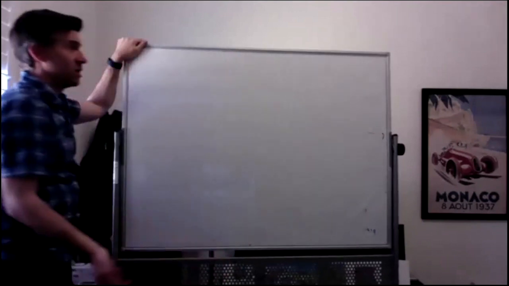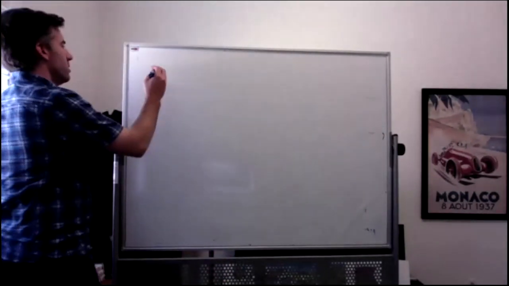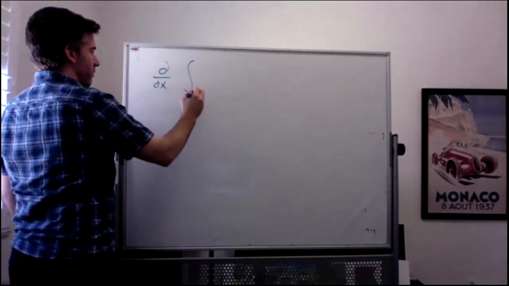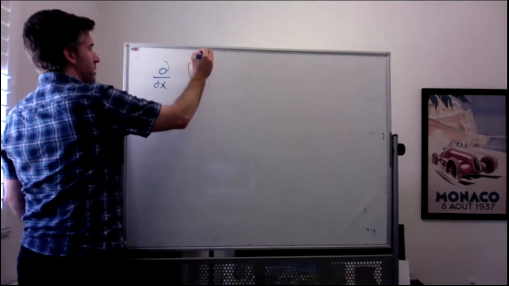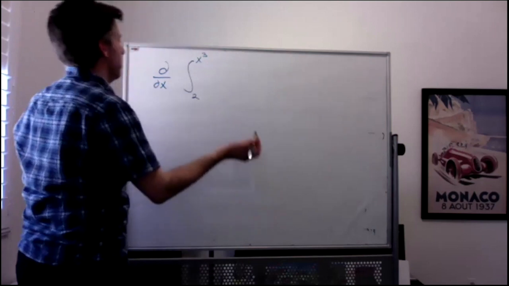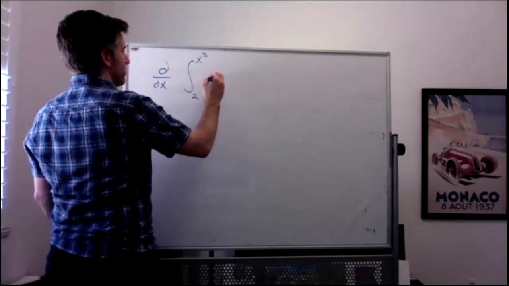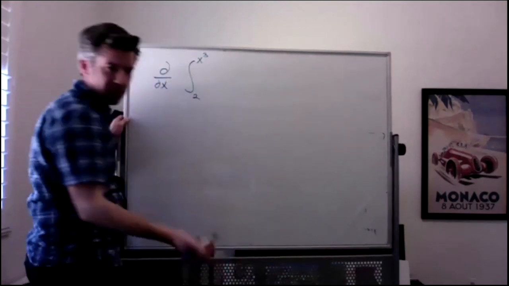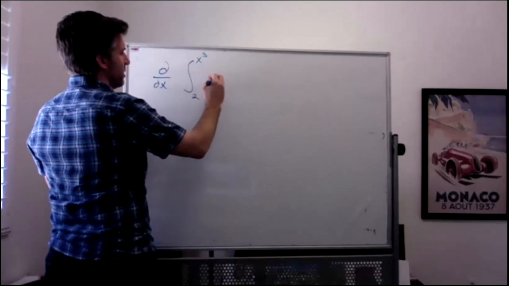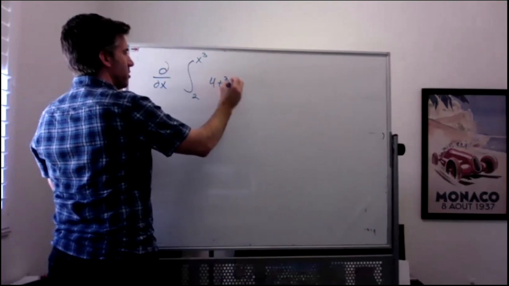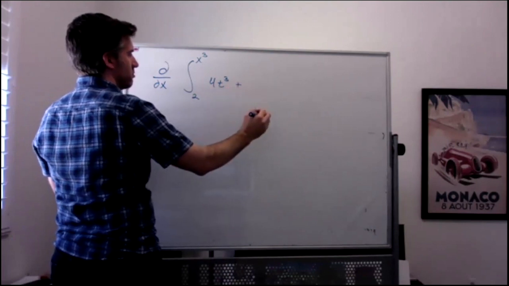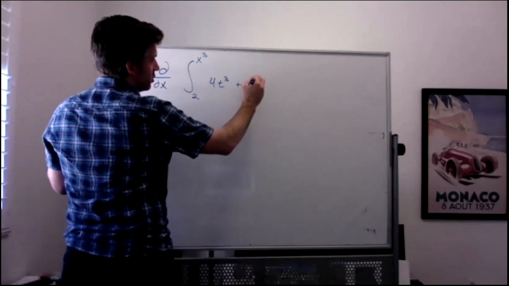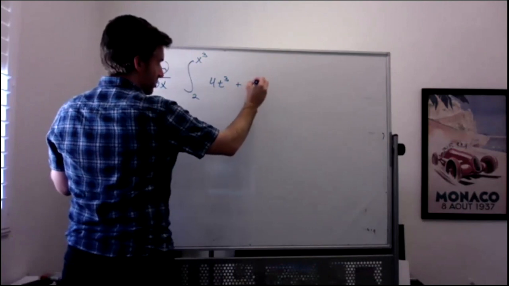So let's see, what's another function we have that's pretty easy to differentiate? Let's say I want to differentiate the integral from 2 to x cubed of, let's do something like 4t cubed plus sine of t.